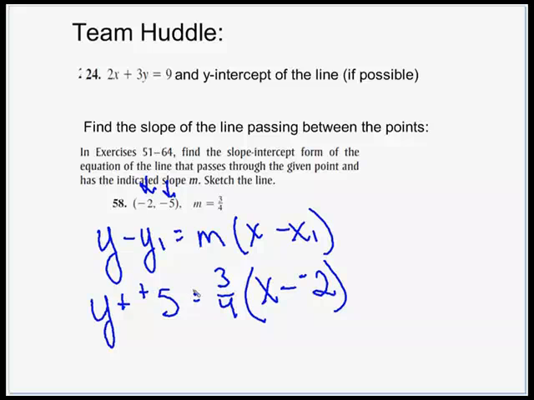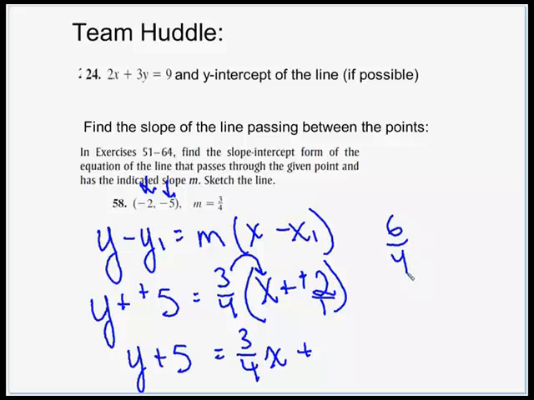So on both of these, the minus the negative will turn into a plus. And on the left, we'll have y plus 5. And that's equal to, distribute here, 3/4 x plus, here's 3/4 times 2 over 1. So 2 over 1 times 3 over 4 is 6/4. And we could reduce by factoring out a 2 down to 3/2. So that's plus 3/2.